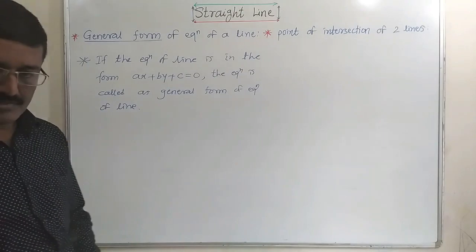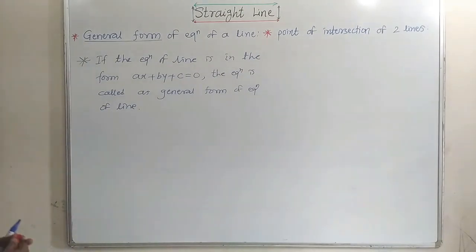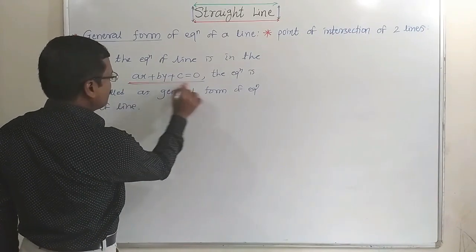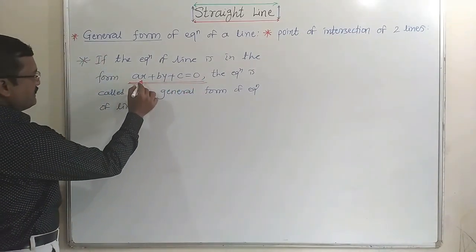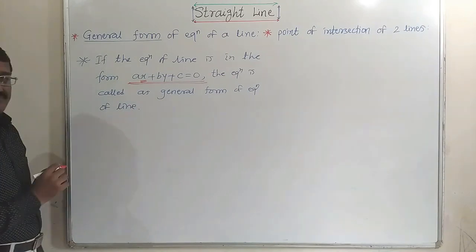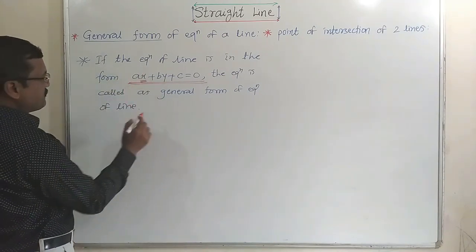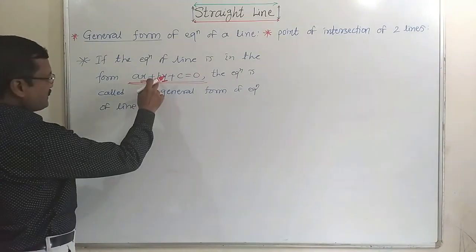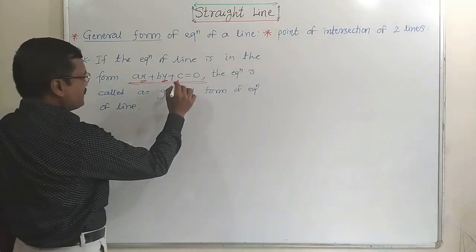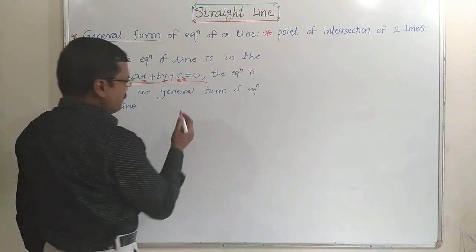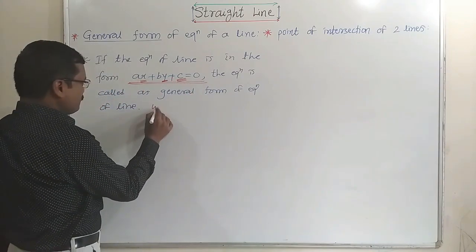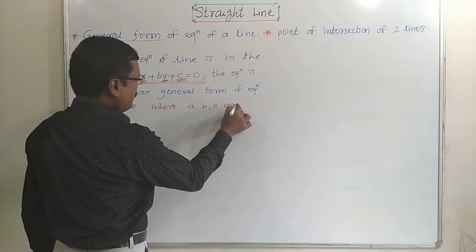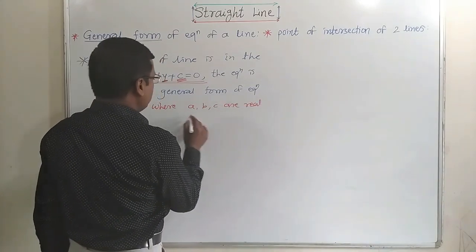We say here, if the equation of line is in the general form, in this form, where the first term is the x term, where a is the coefficient of x, the second term is the y term, whose coefficient is a certain constant b, and the third term is the constant c, where a, b, c are real numbers.